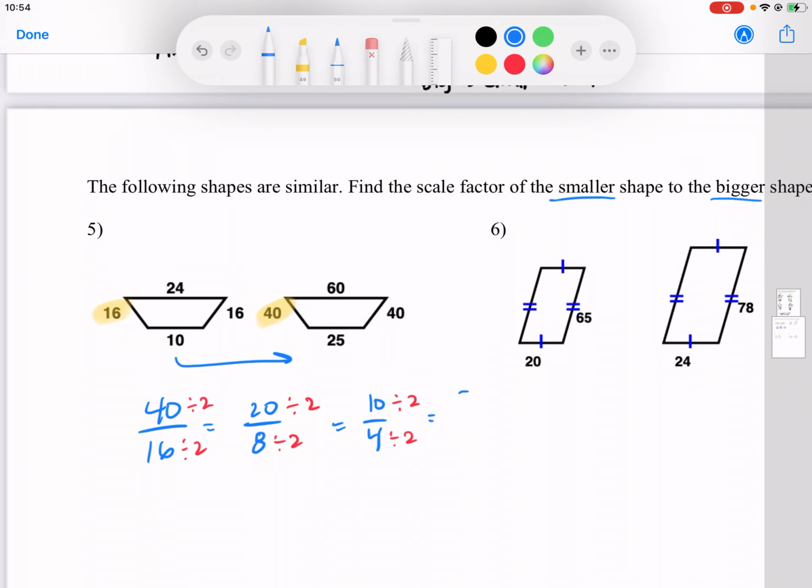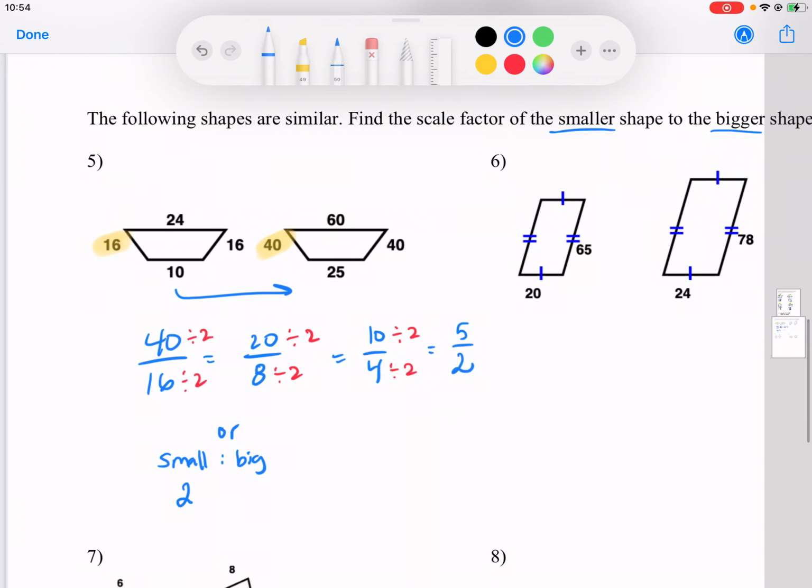So that's 5/2. Our scale factor would be 5/2. Since we're going small to big, the way you would write the ratio is the smaller number to the bigger number. This first one tells you what you would multiply the small one by to get to the big one. The other one is just saying the ratio of the two.